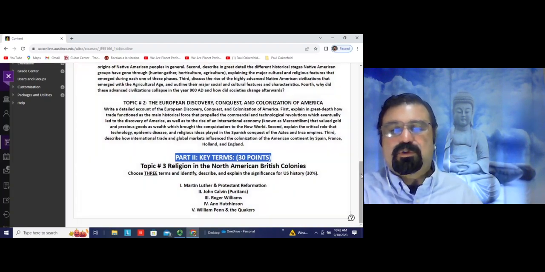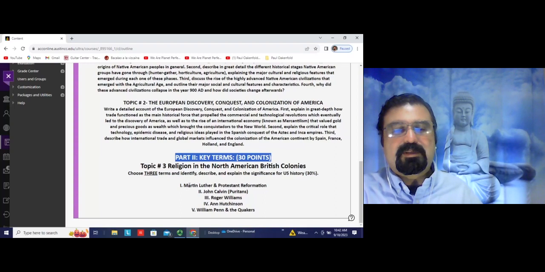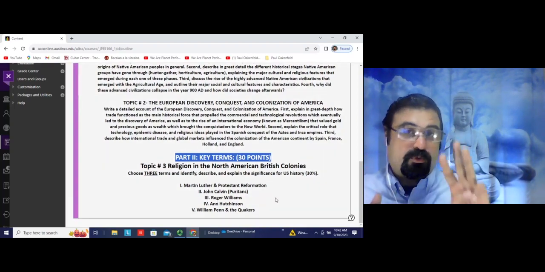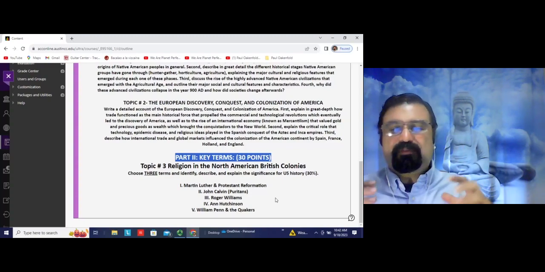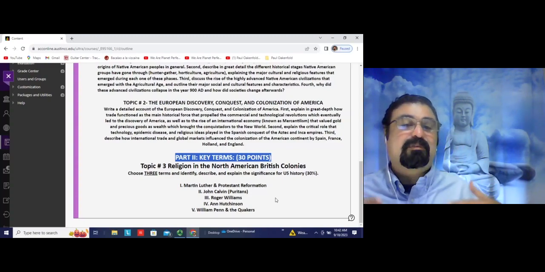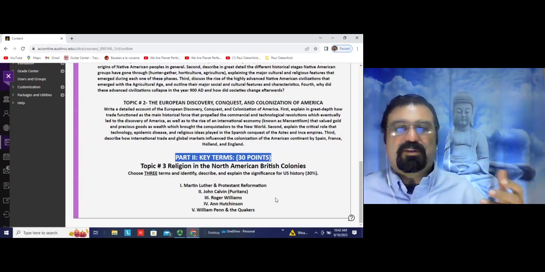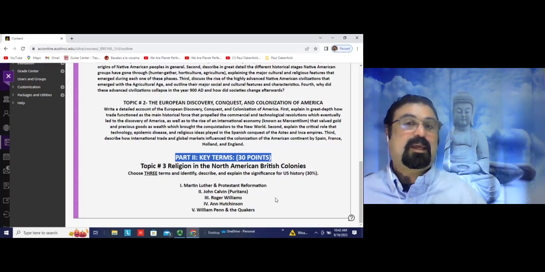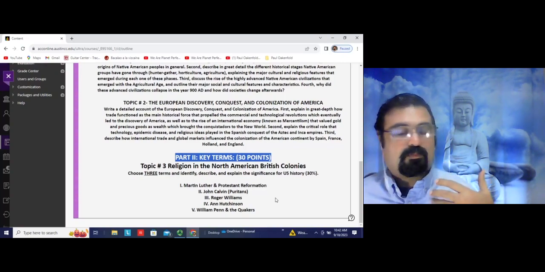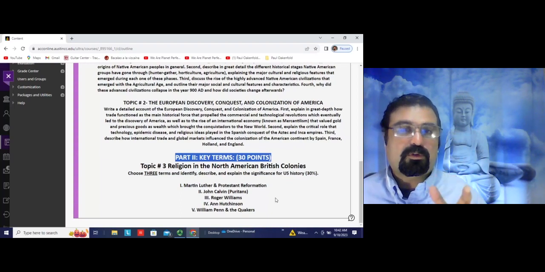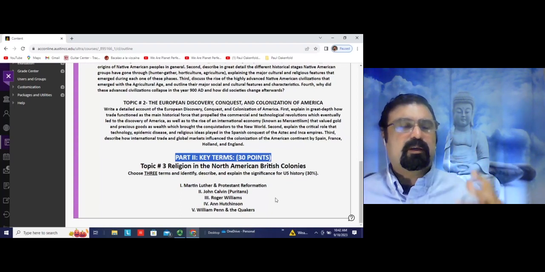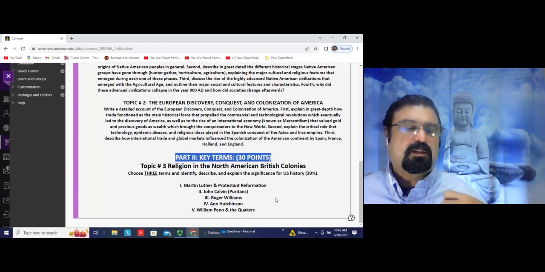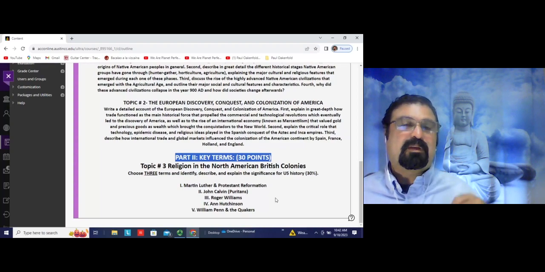It's telling you choose 3 key terms from a set of 6. So there are 6 key terms, but you only choose 3, whichever you want, and you have to answer and explain very, very thoroughly. Again, this is not just an identification exercise, but really an exercise in which, for example, you are the instructor, you are the teacher, and you're trying to explain to the audience what the term is and why it's important and why it's significant.